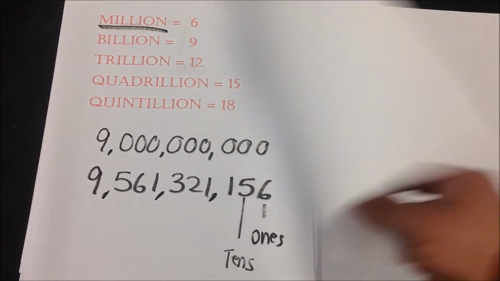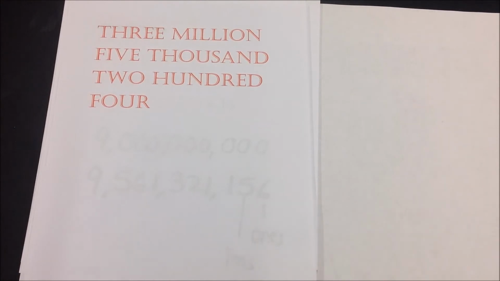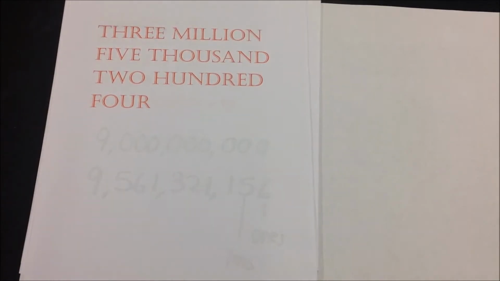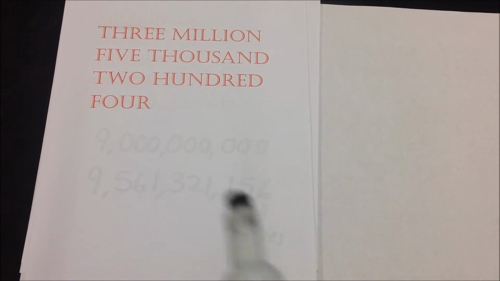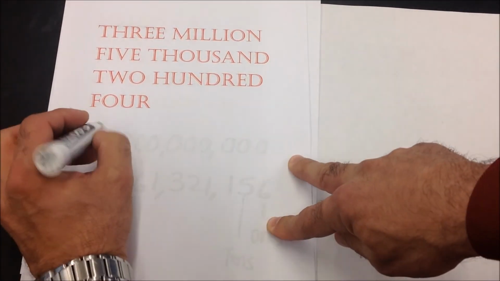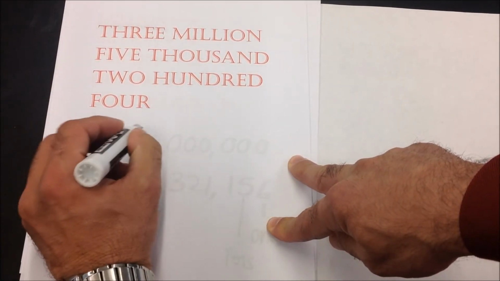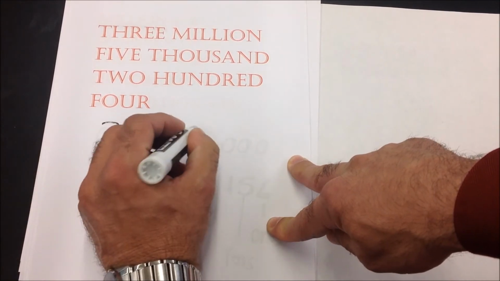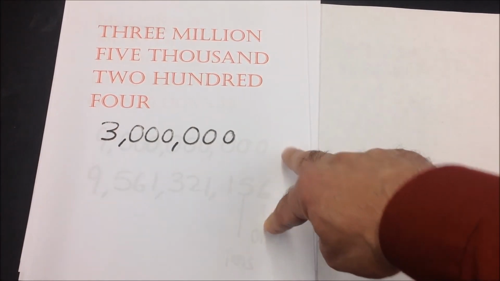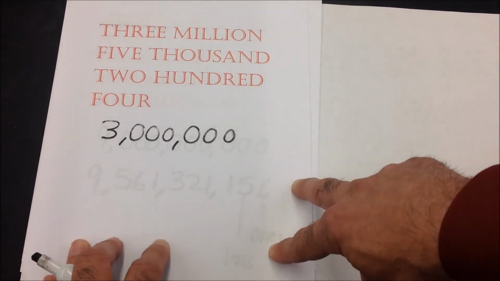So here's a number in word form. 3,005,204. How would you write that in standard form? You should pause the tape and try. Okay, so 3 million. You can just write out the million first if you wanted to and fill it in if you want. So that's 3 million. Now I need 5,000.